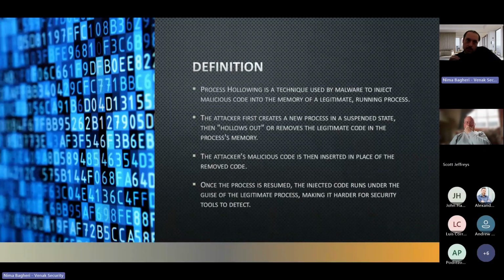When they suspend that process, they inject their code inside a region where they know the code might work, and then resume the application. Then basically the legitimate app will run their code.